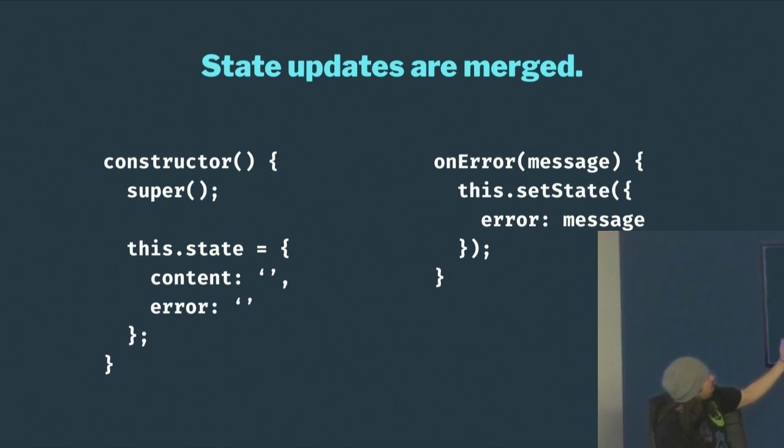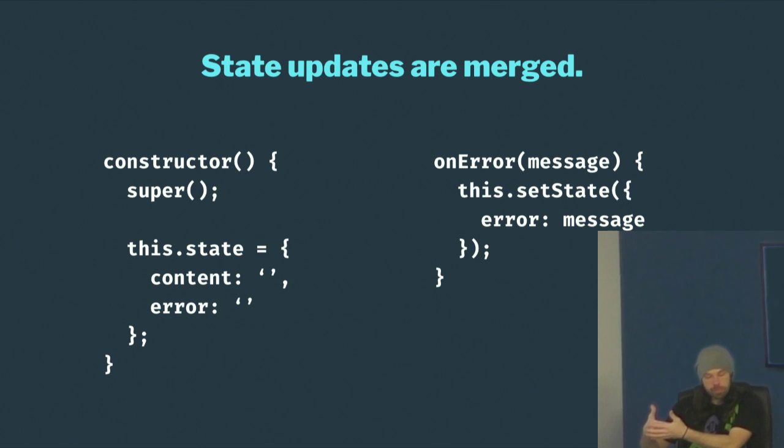So here I would set the initial state, and then when a function is called to trigger an error, I would set the state of the error to be the message that was passed into that function, and that would cause a re-render of my application. And now that the error actually has a value, that would be represented somewhere in my DOM.